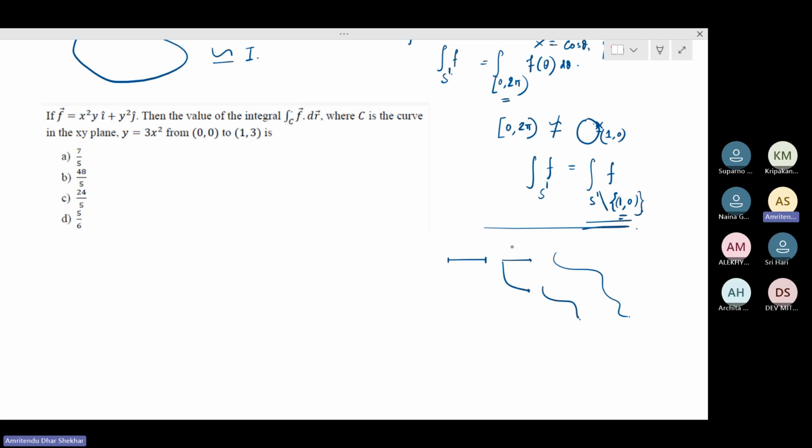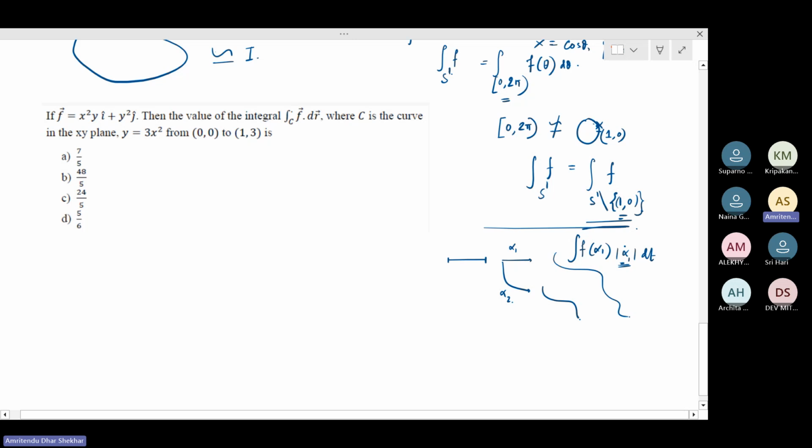Let's say you have a function alpha 1 and you have alpha 2. When you're integrating, this is equal to the integral of f of alpha 1 times alpha 1 dot dt.